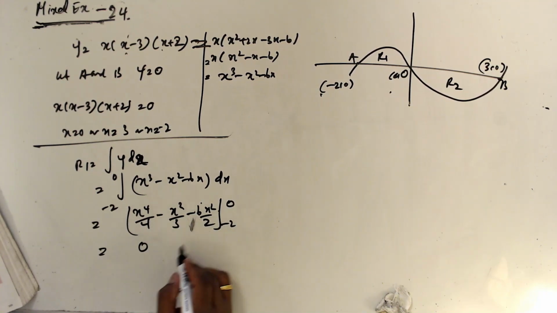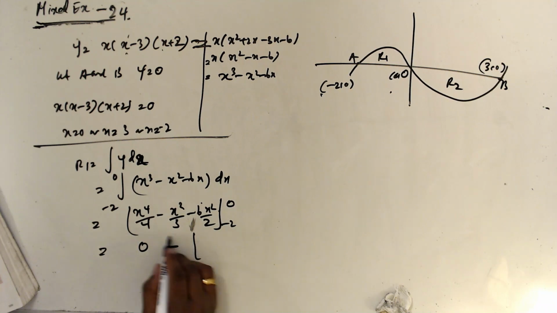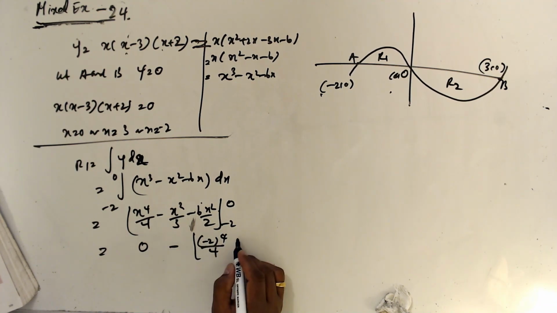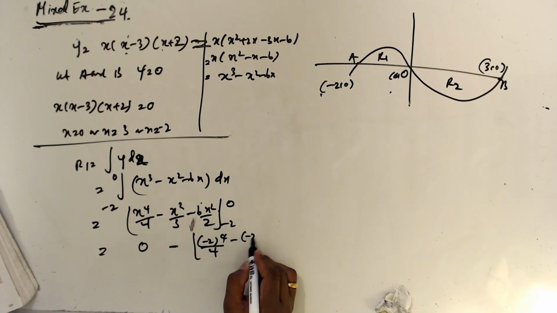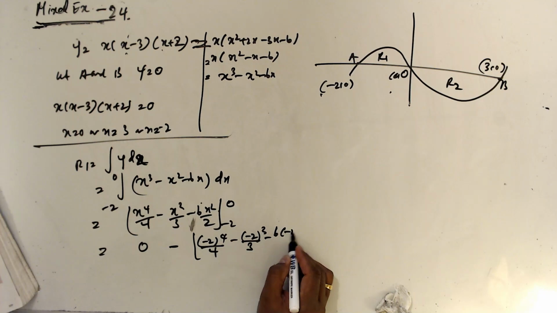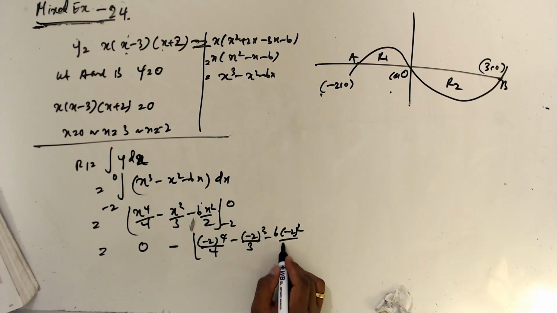So the left side is 0, the right side is going to be minus 2 to the power 4 over 4, minus minus 2 to the power cube over 3, and minus 6 times minus 2 square over 2.